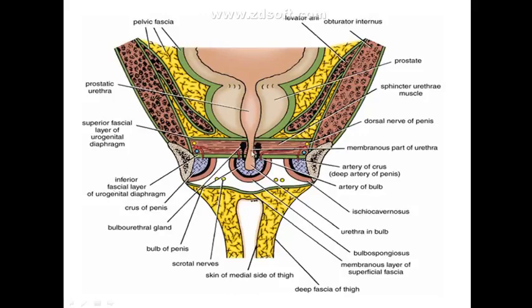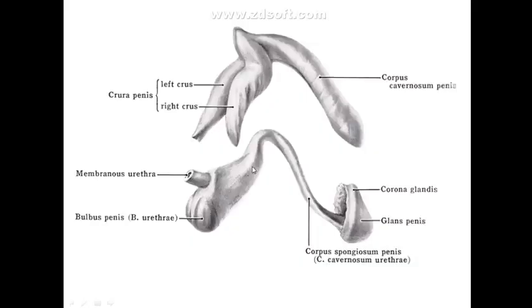Then the urethra passes into the deep perineal space between the superior and inferior fascia of the urogenital diaphragm, and this part of the urethra is called the membranous urethra. So first the prostatic urethra, then the membranous urethra, and after that the membranous urethra perforates the inferior fascia of the urogenital diaphragm, which is the perineal membrane, to enter the bulb of the penis, which is the root, the fixed part of the penis, as this figure shows. This is the membranous urethra entering the bulb of the penis.